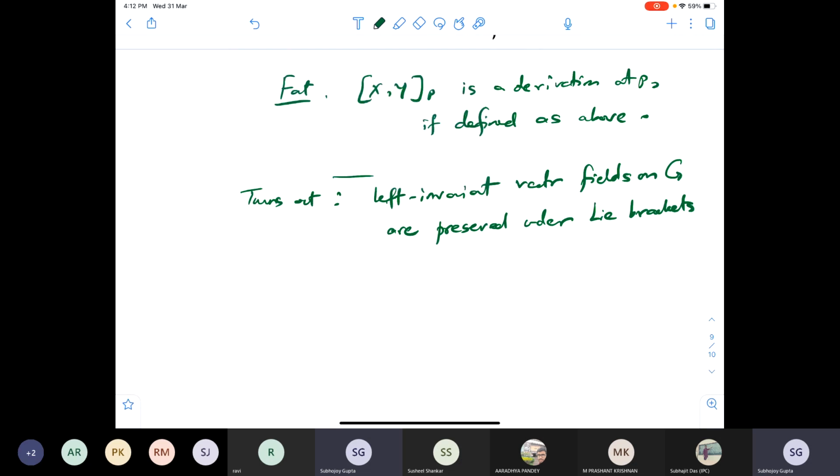Okay, so maybe I'll do it next time. Next time we'll see how this set of left invariant vector fields is the Lie algebra.